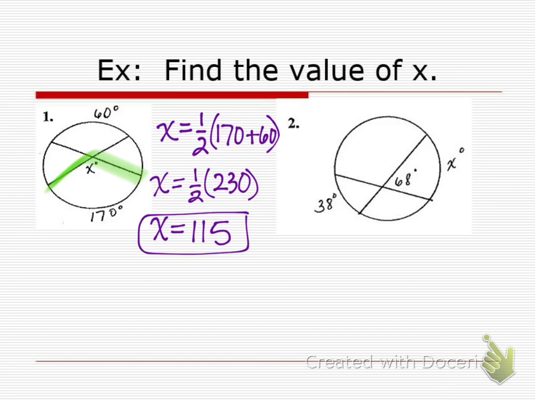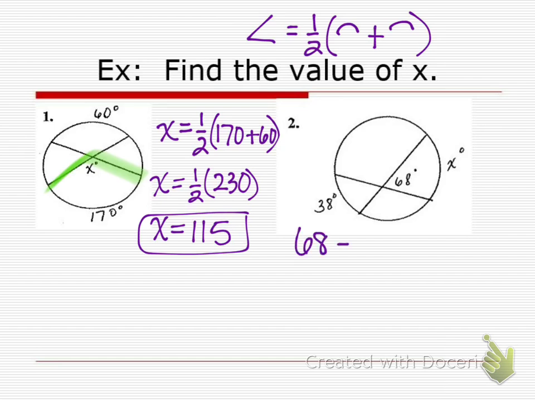Okay, on number 2, we have to be a little bit careful because this time they gave us the angle. So if we wanted to write ourselves a little note at the top, on these ones, angle is equal to 1/2 arc plus arc. They gave us the angle this time. So we are plugging 68 degrees in for the angle.